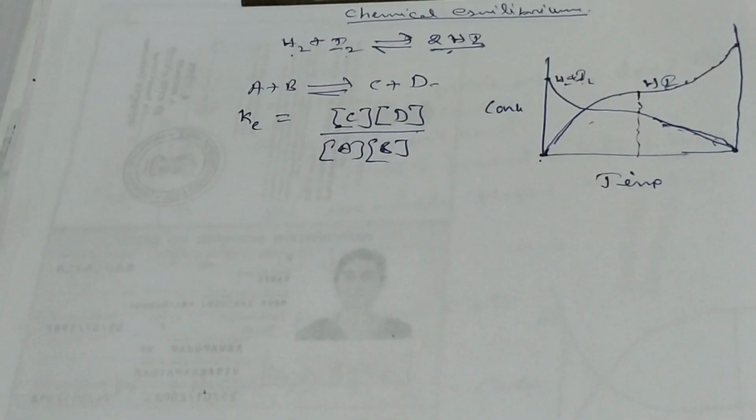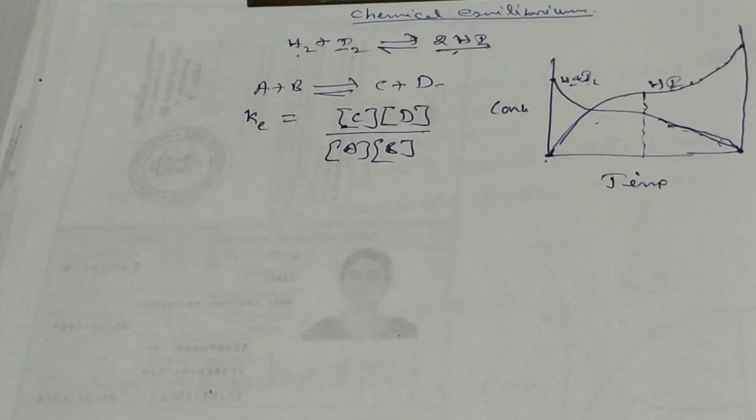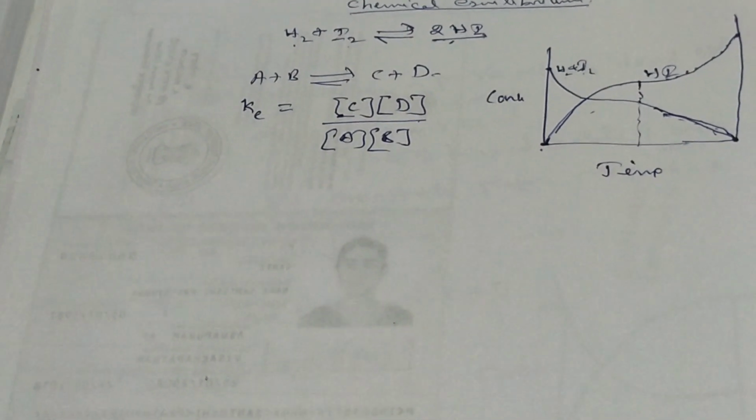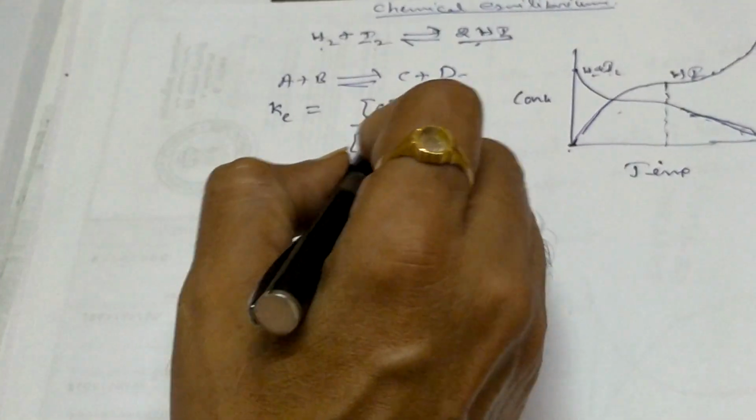So finally it is established that we can find the equilibrium concentrations at any particular time, and they are directly proportional to the products.